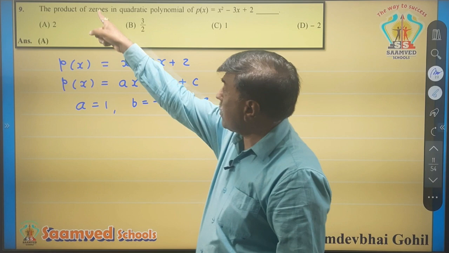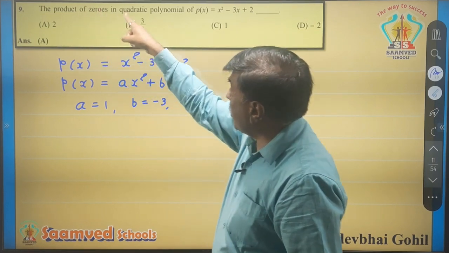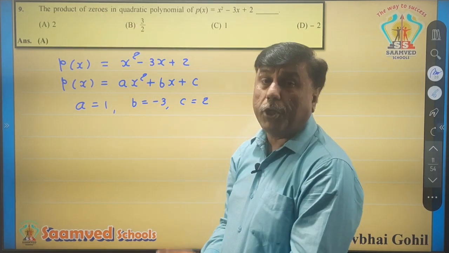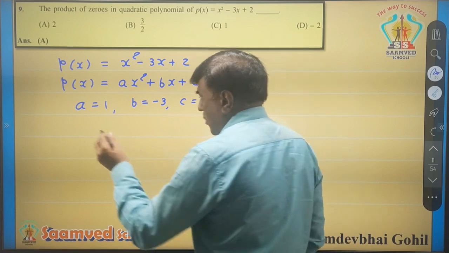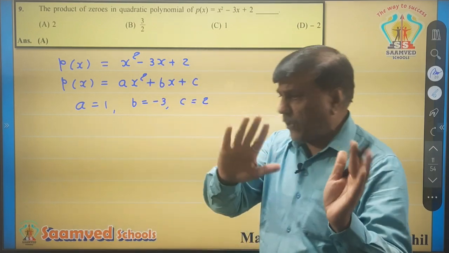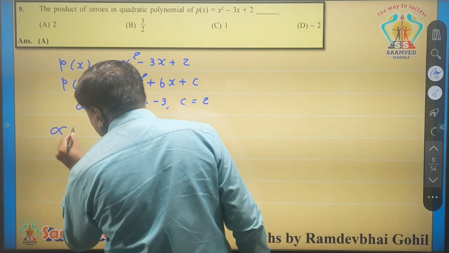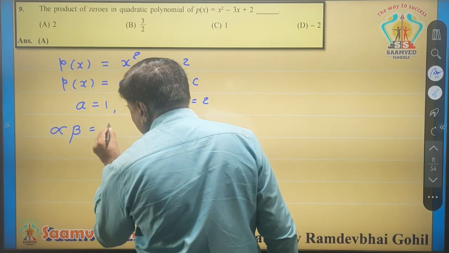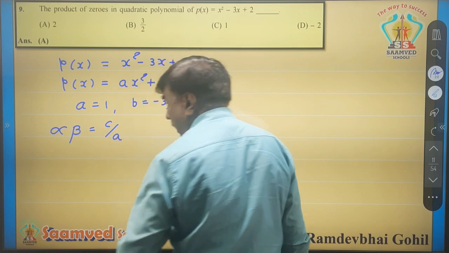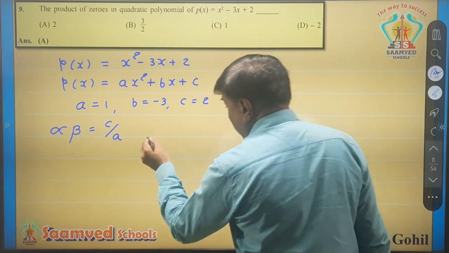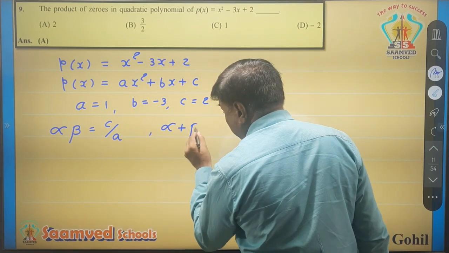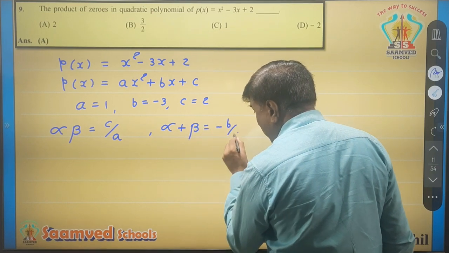Now you are asked the product of zeros of this polynomial. Suppose zeros are alpha and beta. Then product of zeros, alpha into beta, you have a formula c upon a. Another formula, alpha plus beta is equal to minus b upon a.